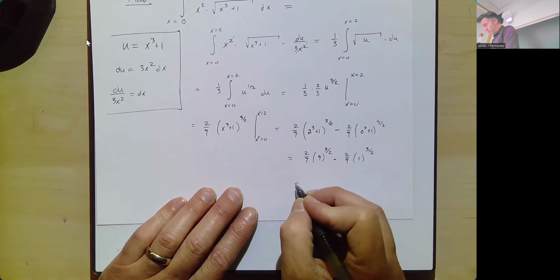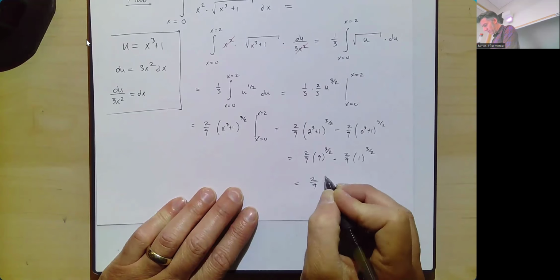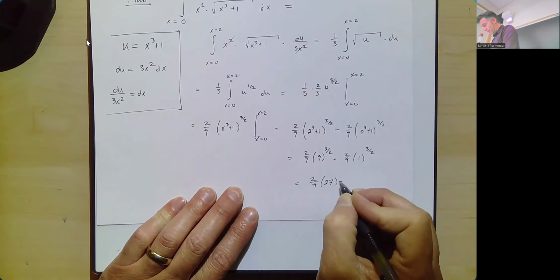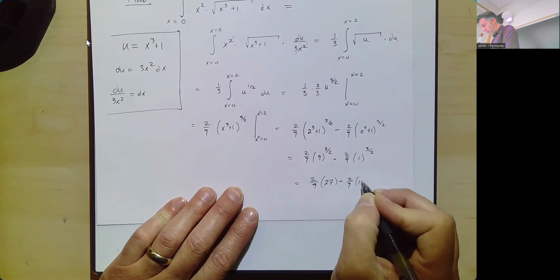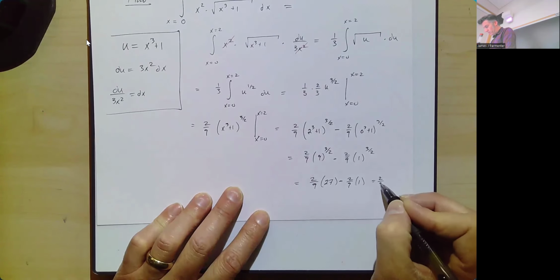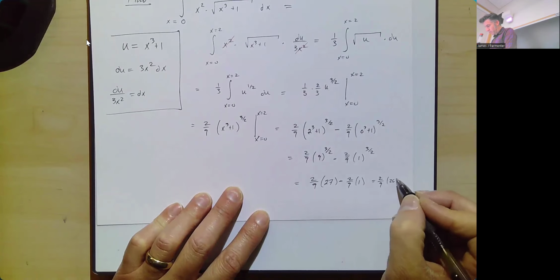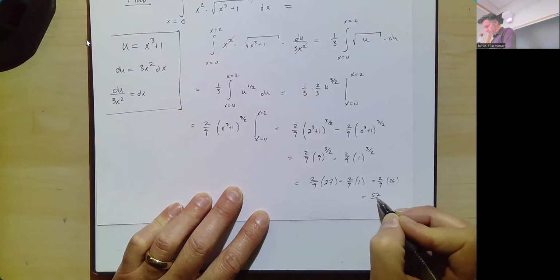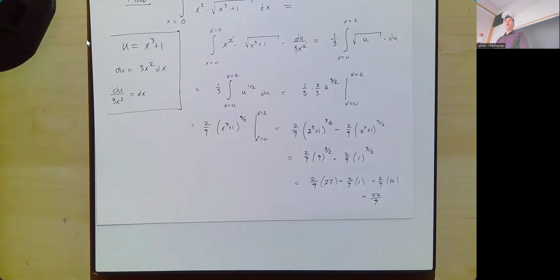So we end up with 2/9 times 27 minus 2/9 times 1. Factoring out the 2/9, you get 2/9 times 27 minus 1, which is 26. So you end up with 52/9. And this is not the way I would encourage you to do it, although it's totally fine.